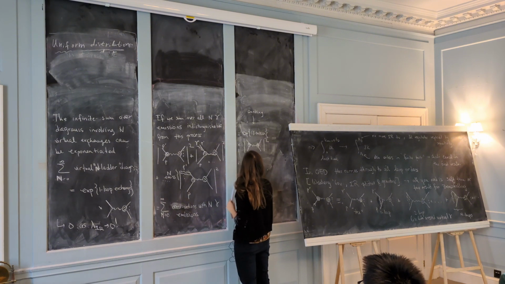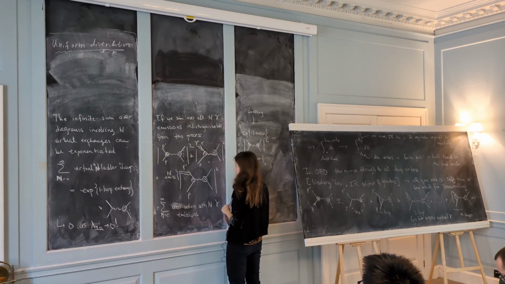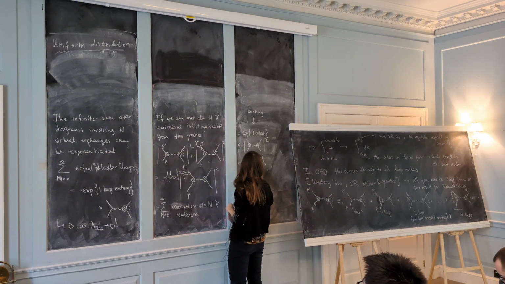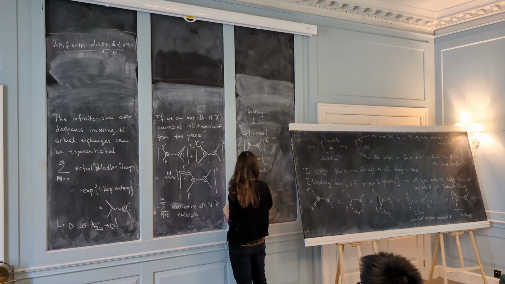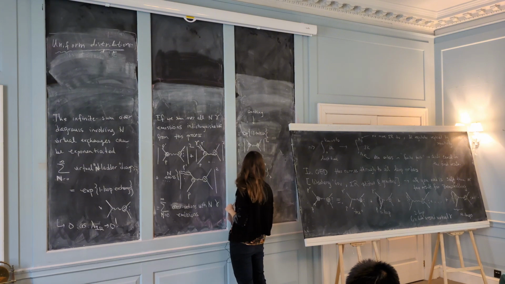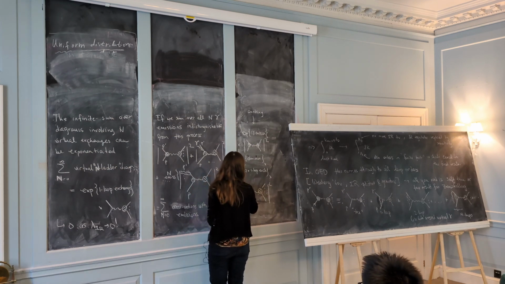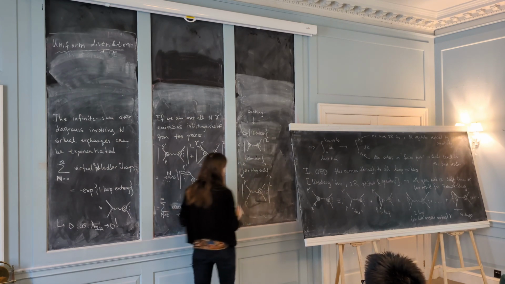So this is emission times e to the 2 times 1 loop exchange times this, not tree level, but with no additional loops, attaching to p and p prime.